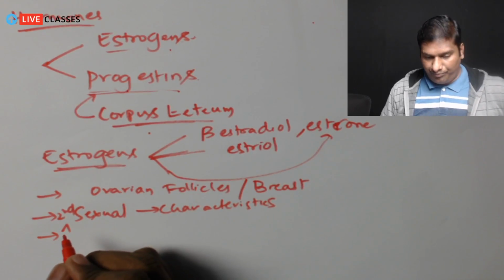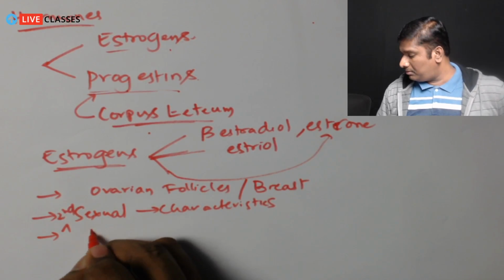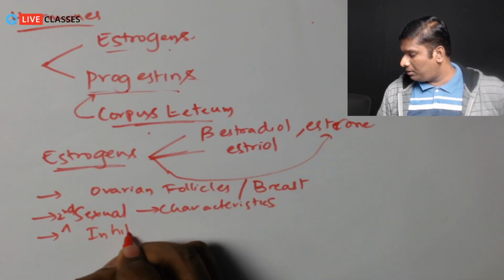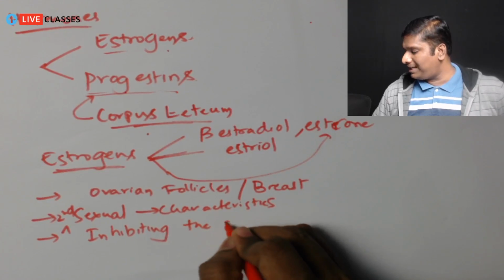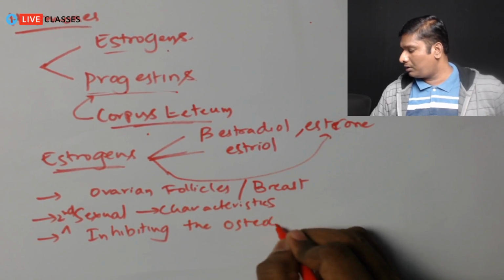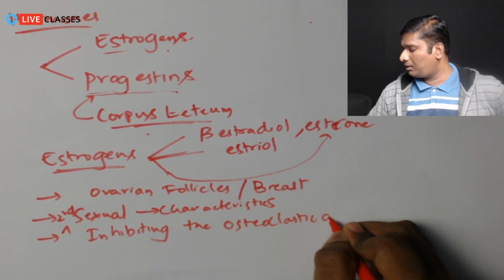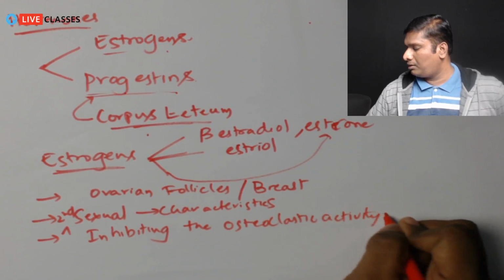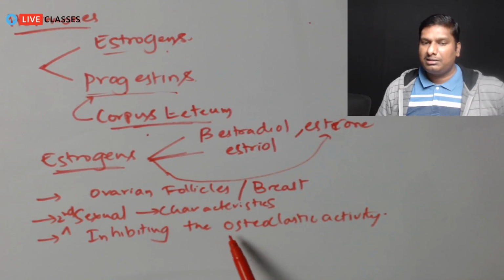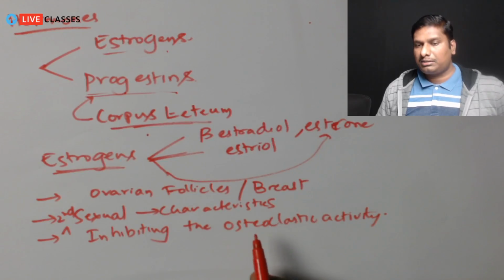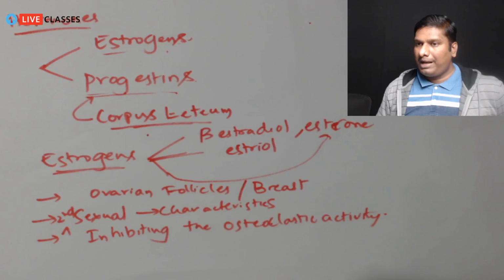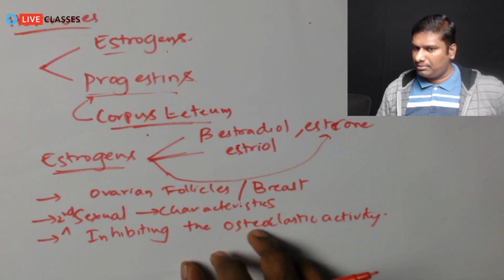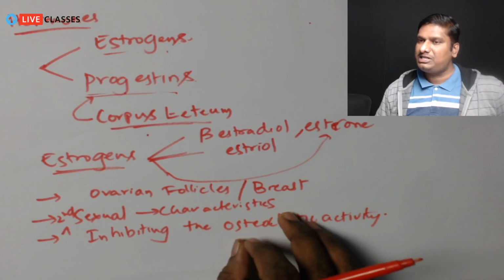And then it plays an important role in inhibiting the osteoclastic activity. Osteoclasts are a type of cell which attack our bones and start releasing calcium from the bones.